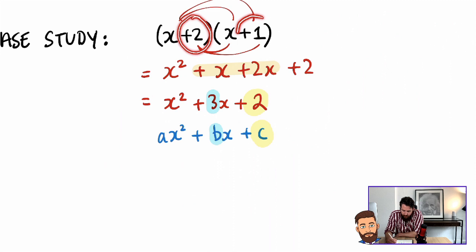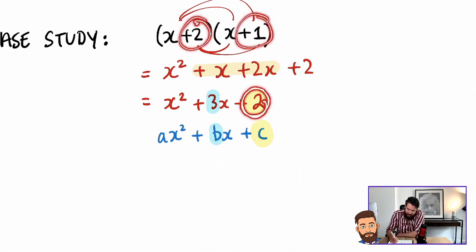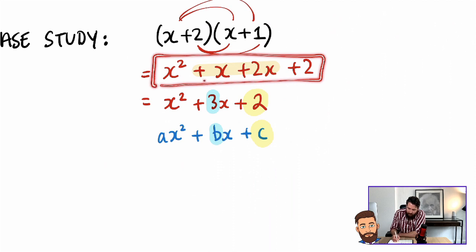And 2 times 1 is 2. So the method here is we need two numbers that multiply together to get 2 and add together to get 3. And this all comes from this line here. You can see those two terms in the middle add to make 3, and the number on the end came from 2 times 1, which is 2.